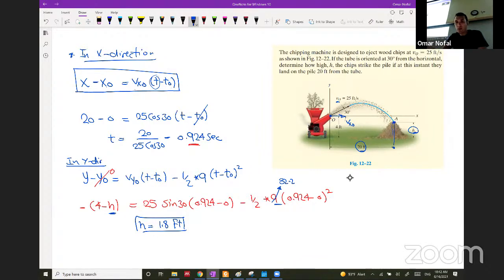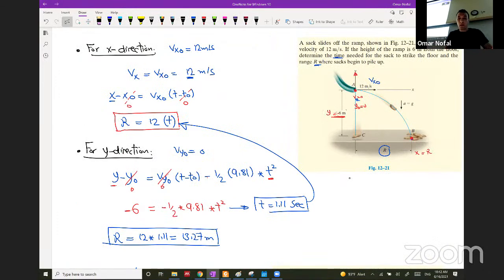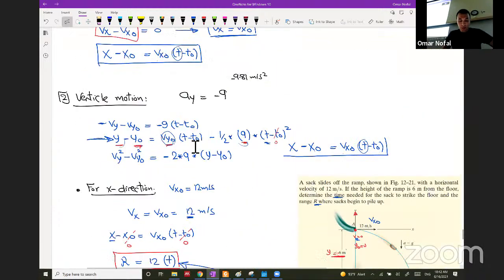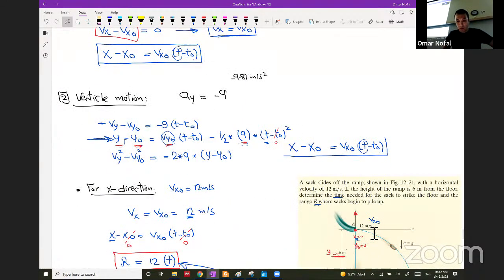Does anybody have any questions on this problem or the other problem we solved on projectile motion? Basically, you just have to put these equations in front of you in the x direction and y direction and see what is given in the problem and which one you should try first.